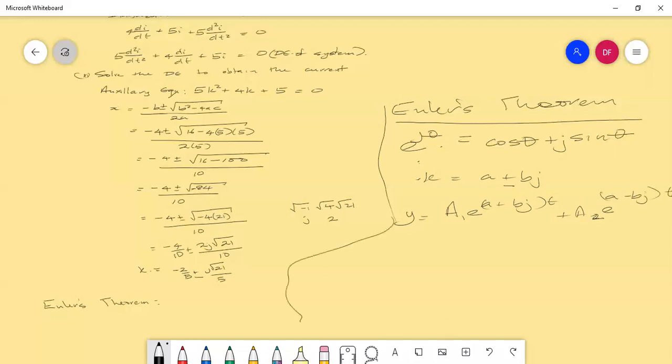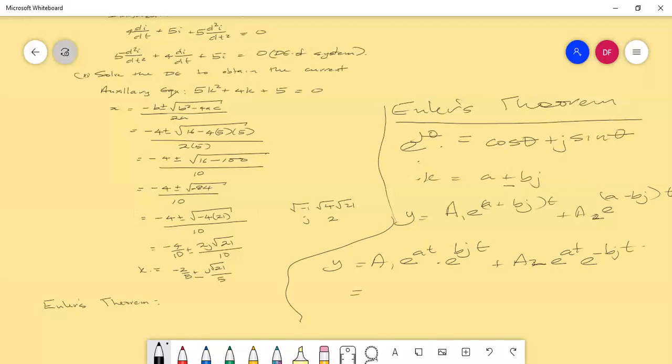Rough work we're doing here. So we're going to write y is equal to a1 e to the at, because we're going to separate these two, times e to the bjt, plus a2 e to the at e to the minus bjt.